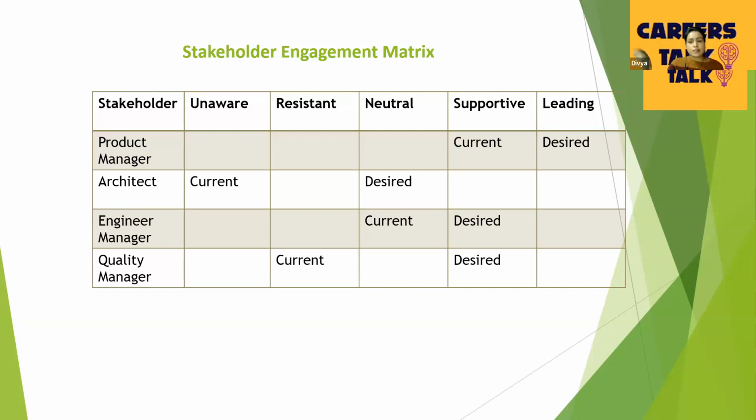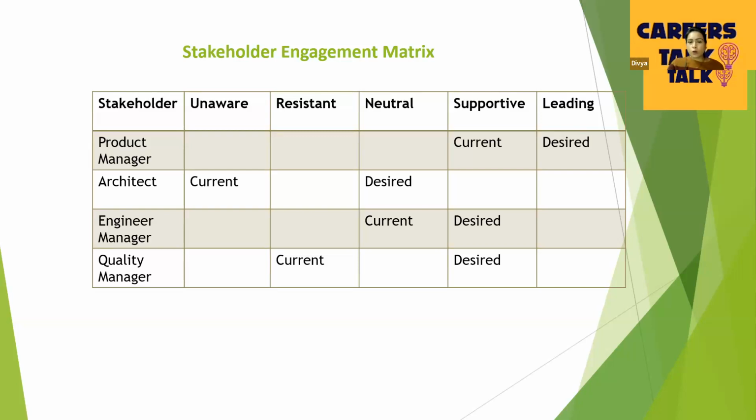Quality manager, he's resistant because he might understand that there are defects, or these changes might hinder the quality standards, or whatever may be the reason. For a few reasons he would be resistant to the changes, but you want him to be in a desired supportive stage at some point in the project.